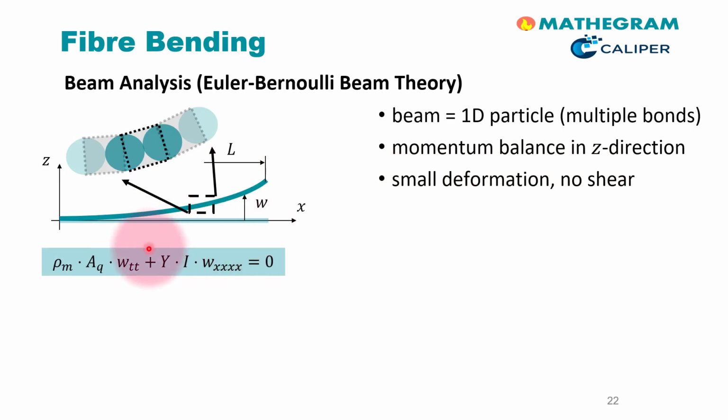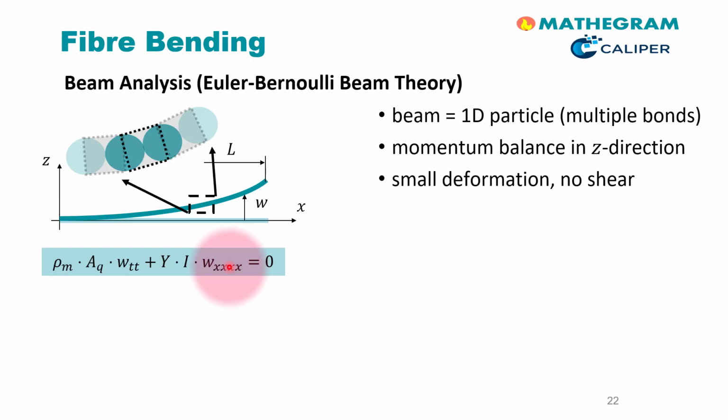As you can see, we have a second time derivative. As you might anticipate, this term reflects the local acceleration of the beam, and a fourth order derivative in the space coordinate x.